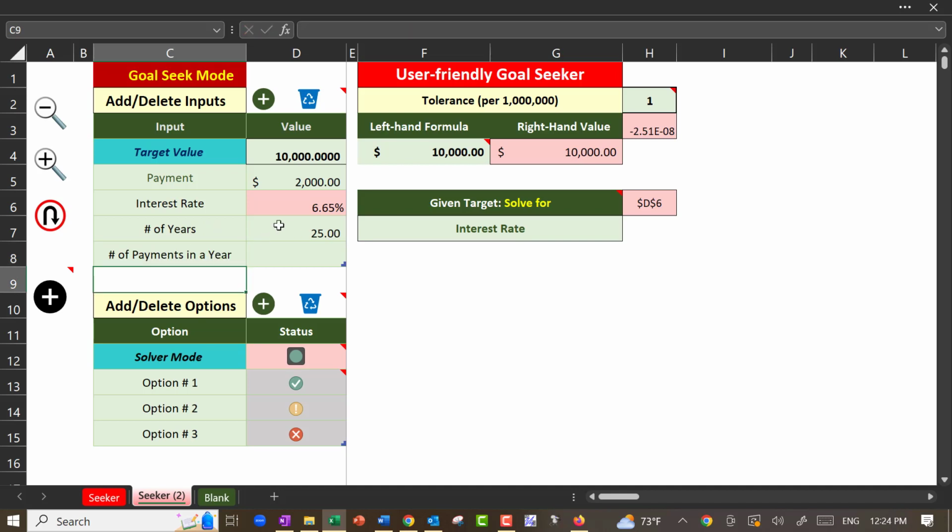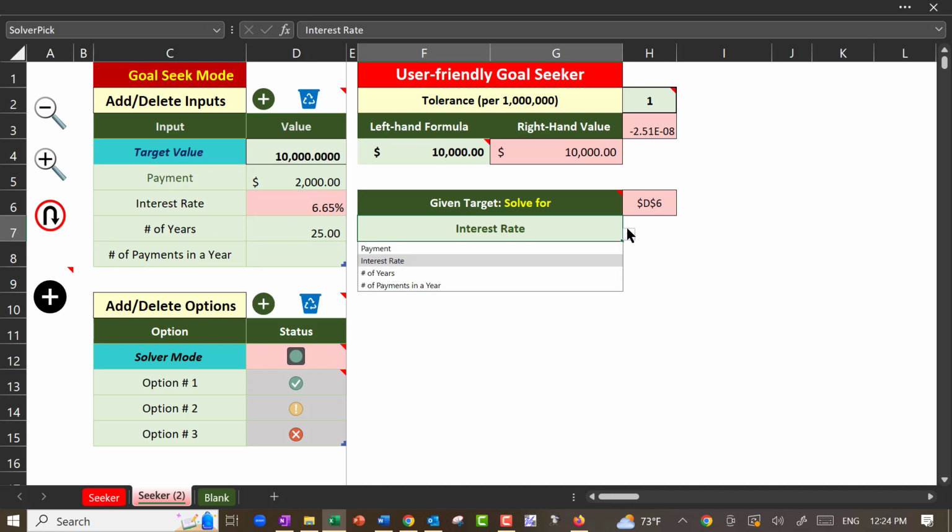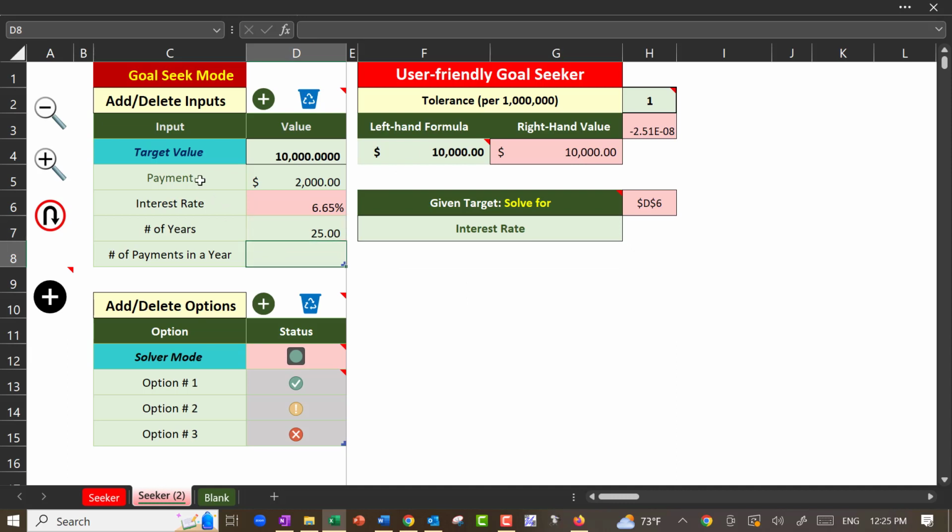And that's a target value. So I'm going to do the present value, PV, and I'll show you an easier way to enter it, but in this case, let me put 12 here. PV, the first argument is the interest, that's the annual interest divided by number of payments in a year.